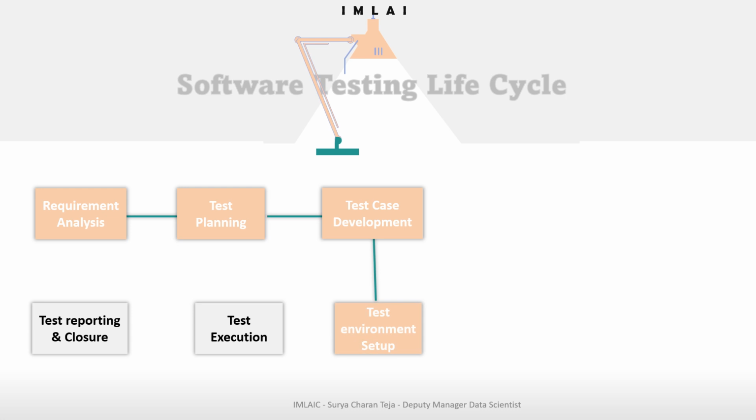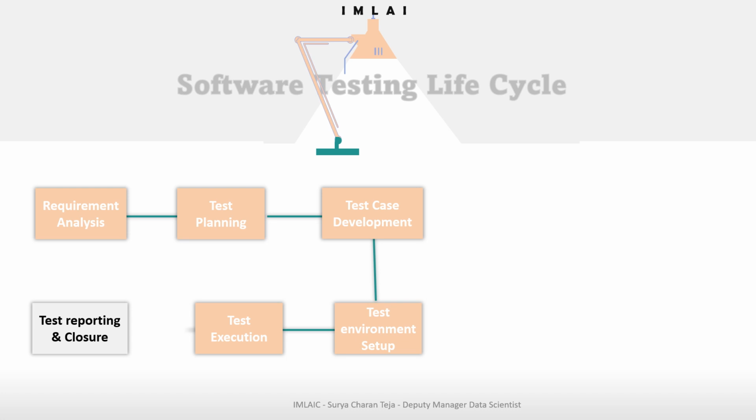Once the test environment setup is done, we move on to executing the test cases that we wrote in phase 3 of the software testing life cycle. Because we already have test cases and the environment set up, what we have to do is execute those test cases.